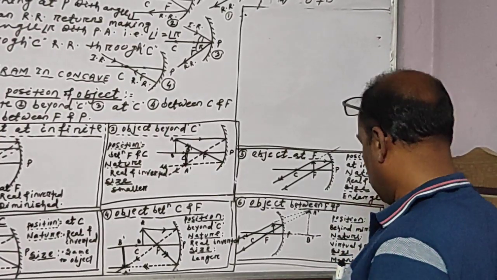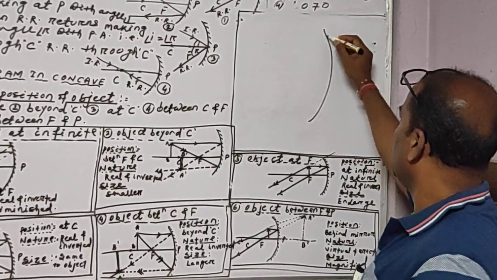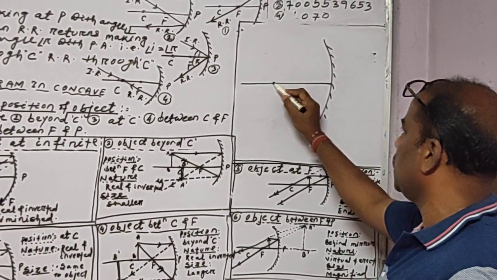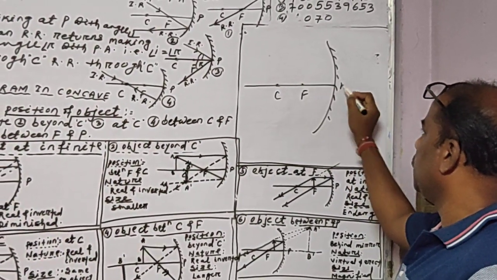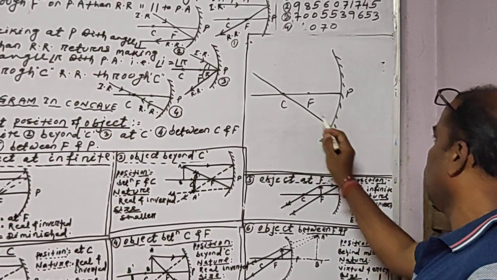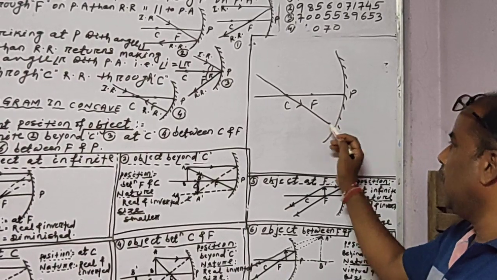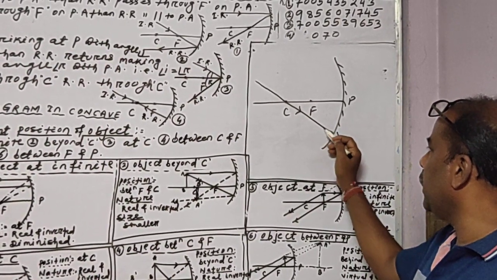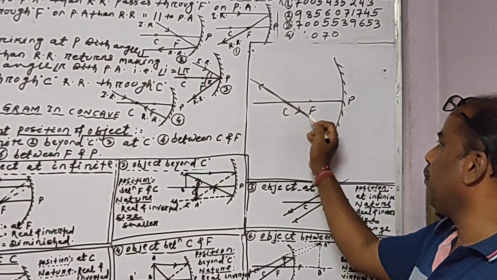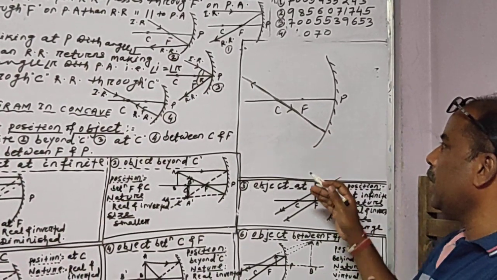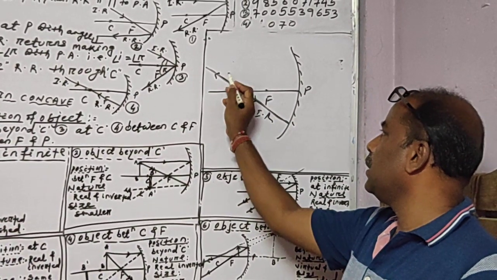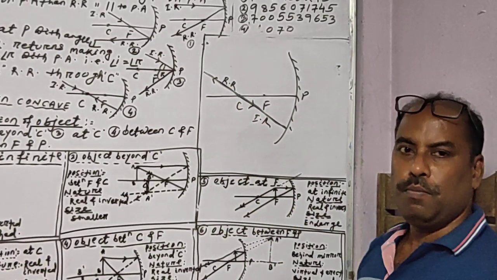If this is the mirror and this is the rough surface, this one is the principal axis, this is C, this is F, this is P. Then if the ray is coming through C and striking the surface, then this ray will again return back through C, along the same path. So the incident ray and the reflected ray will be on the same path.